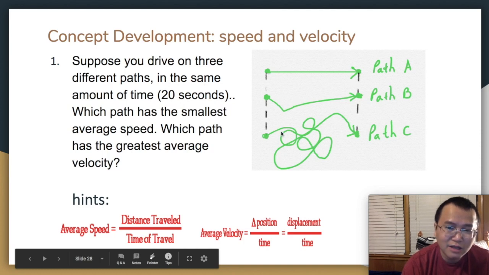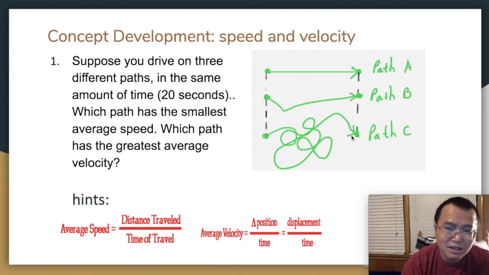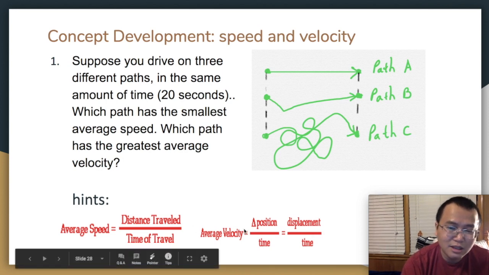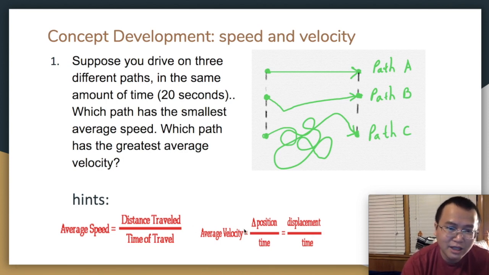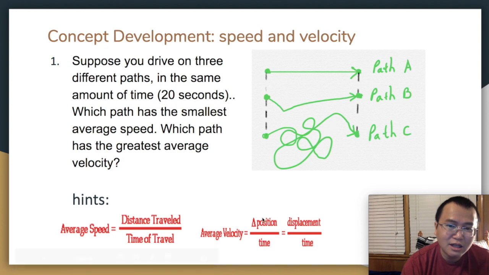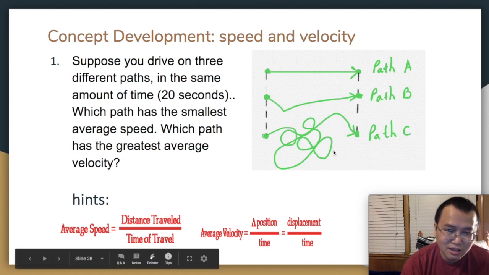They have the same displacement, so the same displacement divided by the same amount of time will give you the same average velocity. Again, the speed from smallest to largest is A, B, and C. Average velocities are the same.